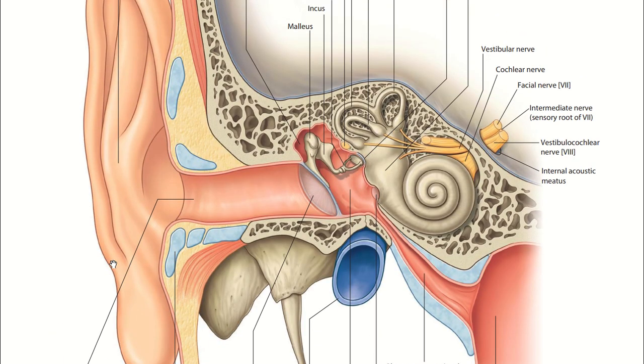And then if you want to see the tympanic membrane in children, in babies, you have to understand that in babies, the tympanic membrane is actually closer to the external surface of your skull.